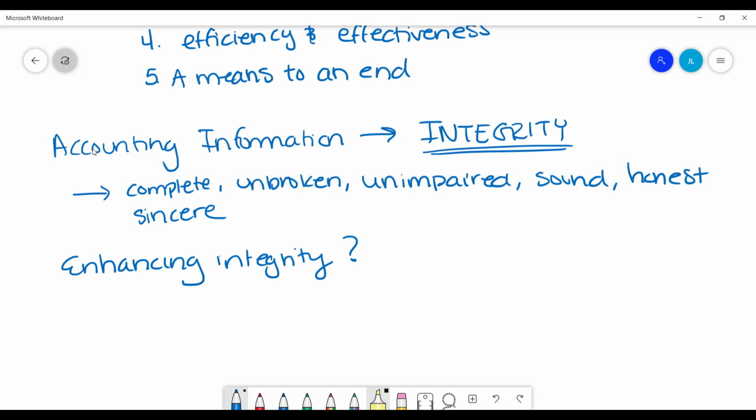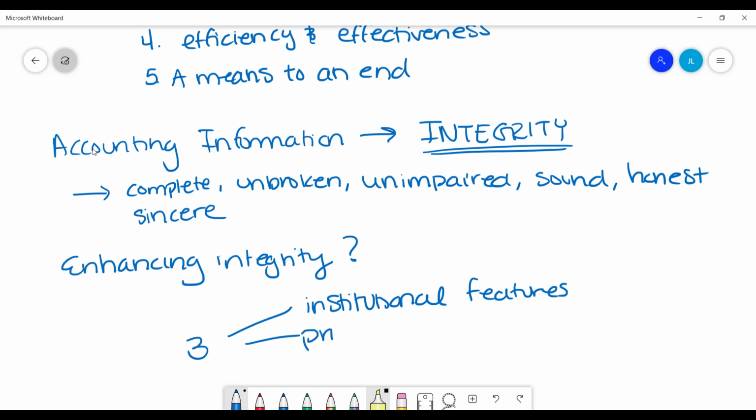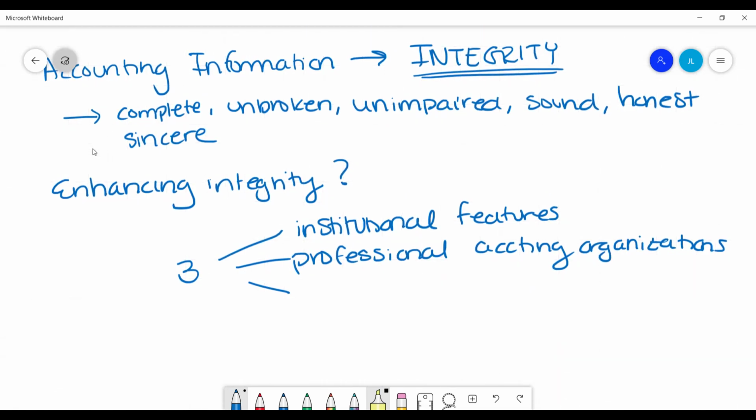So there are three primary ways that integrity can be enhanced: through institutional features, which we'll just briefly touch on, professional accounting organizations, and then lastly, basically just the personal competence, judgment, and ethical behavior of those involved with compiling that information.